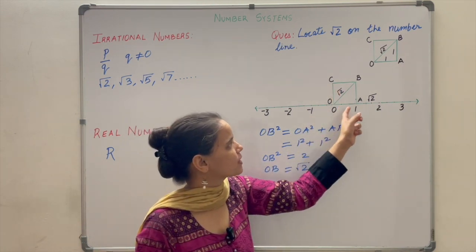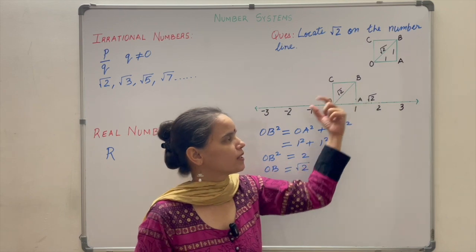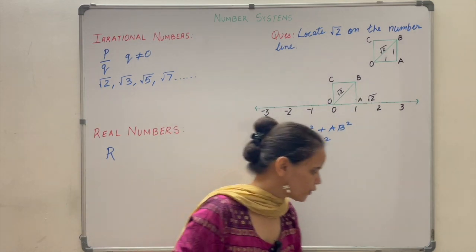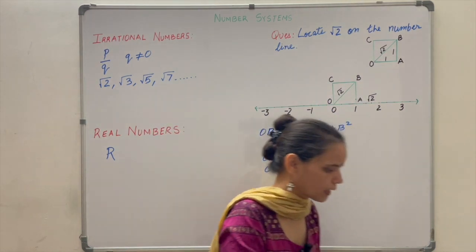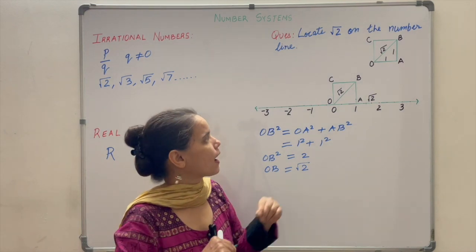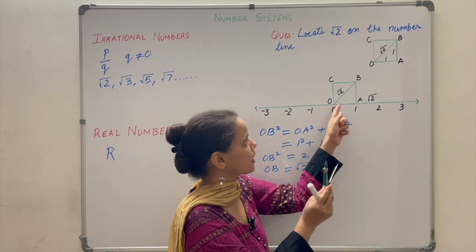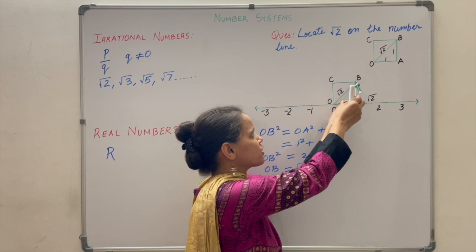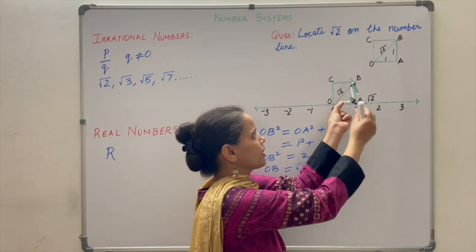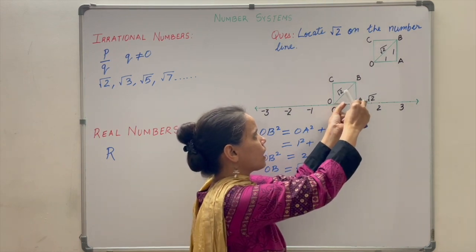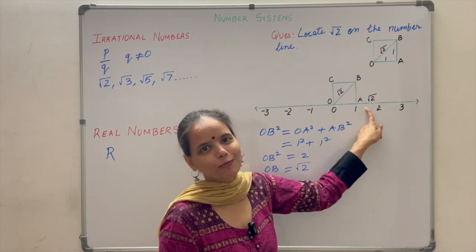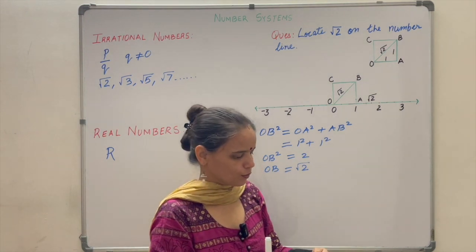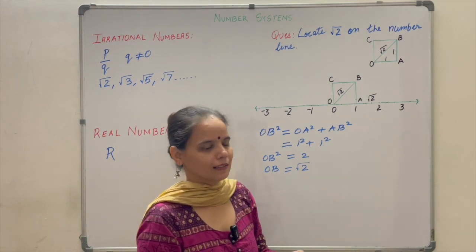So you have placed the square here and this OB is root 2. Now we take our compass, put the compass needle at point O, measure this length OB and make an arc on the number line. So this point over here represents root 2 on the number line.